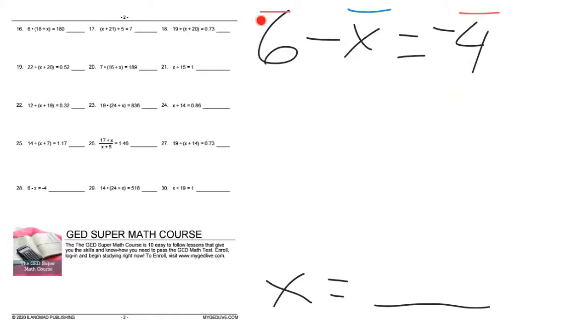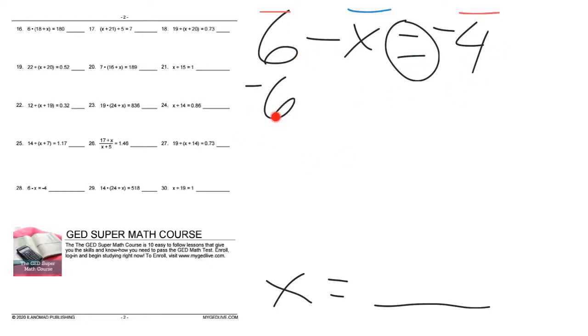So we want to combine like terms, and we do that by doing the opposite, and we want to leave x over here. So we're going to start with this 6 and do its opposite. The opposite of 6 is minus 6, and because this is an equation, this side is equal to this side.